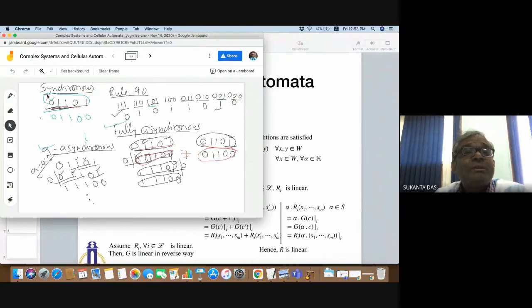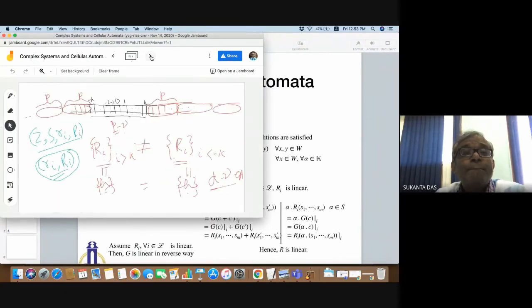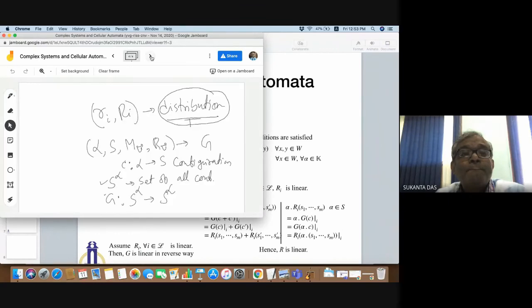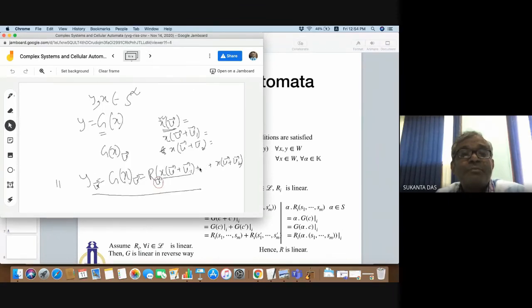So how do we find this one? From this page, right? On the right hand side I have written R of the configurations. This is the neighborhood configuration. As input, the rule takes the state of all its neighbors, and from that I can get this g x.